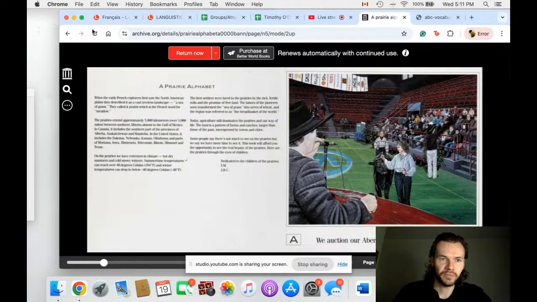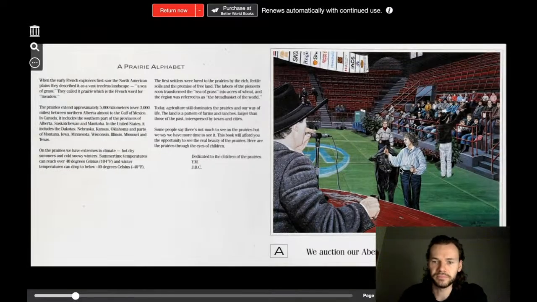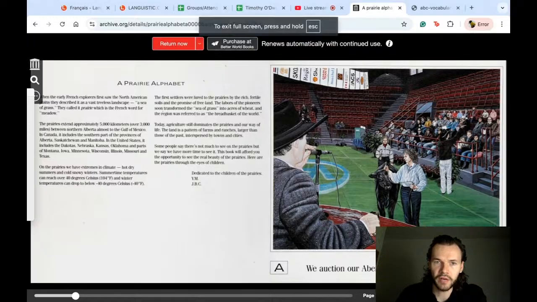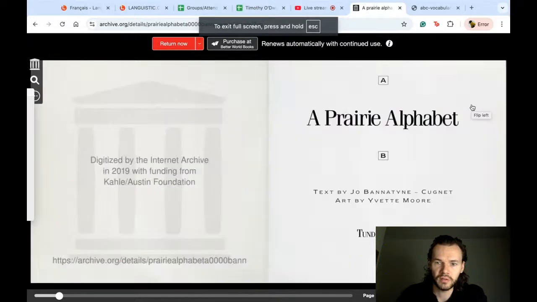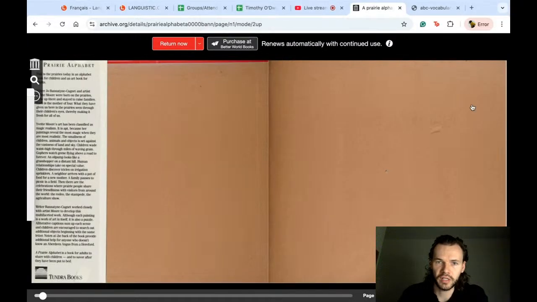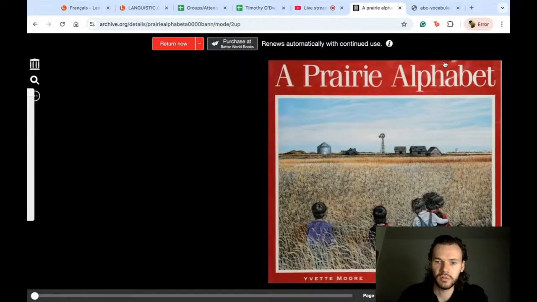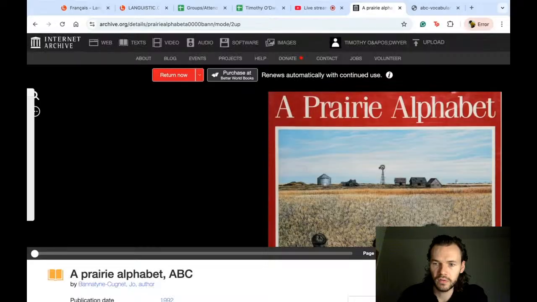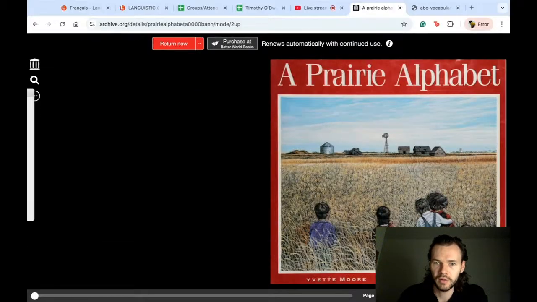Okay, so a prairie alphabet. I wonder if I can use these arrows. Oh, I can. Perfect. I'm going to try and get rid of this. Just one more time. Maybe not.